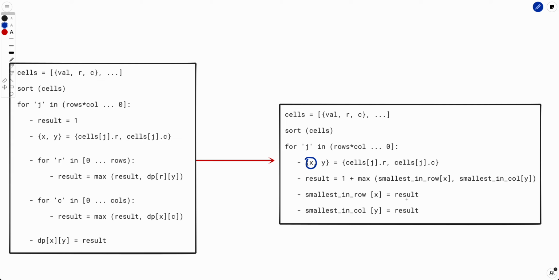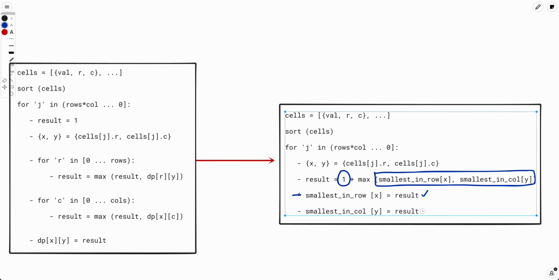Now, I am certain that result would be greater, because we already have taken the maximum across these two, and we are doing plus one as well. So we are certain that this result would be greater than both of these values, and we can simply override them without thinking much, right?